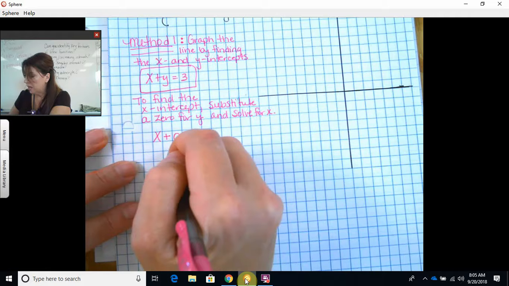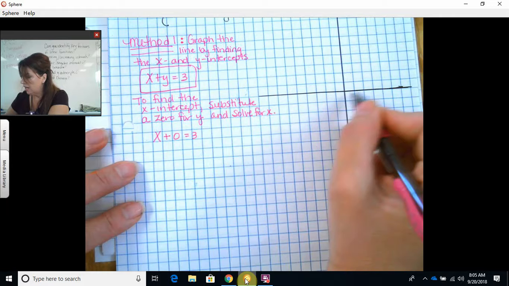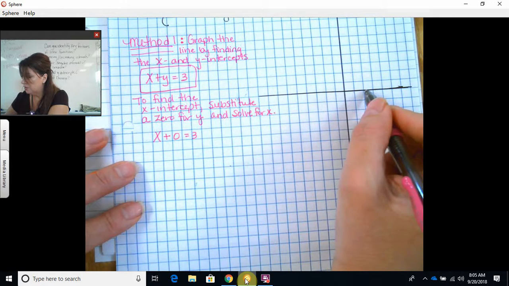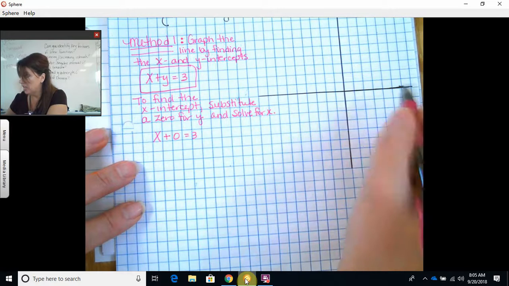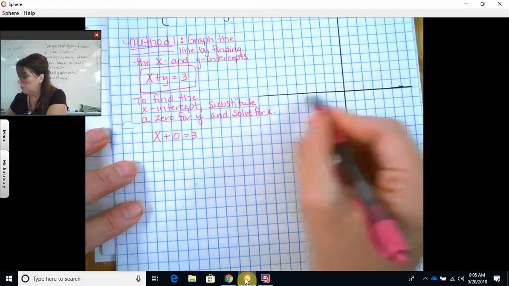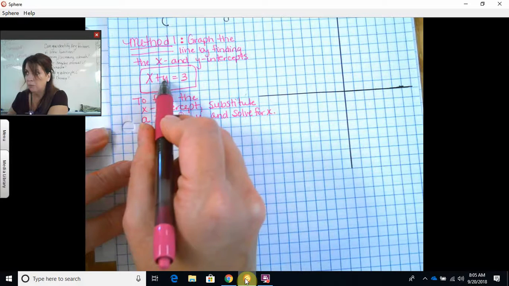And we do that because any ordered pair on the x-axis has a y value of 0. This would be (1, 0), (2, 0), (3, 0), (4, 0), right? So when I want to know where a graph crosses the x-axis, I know every ordered pair on that axis has a y value of 0. So when y is 0, what is x?